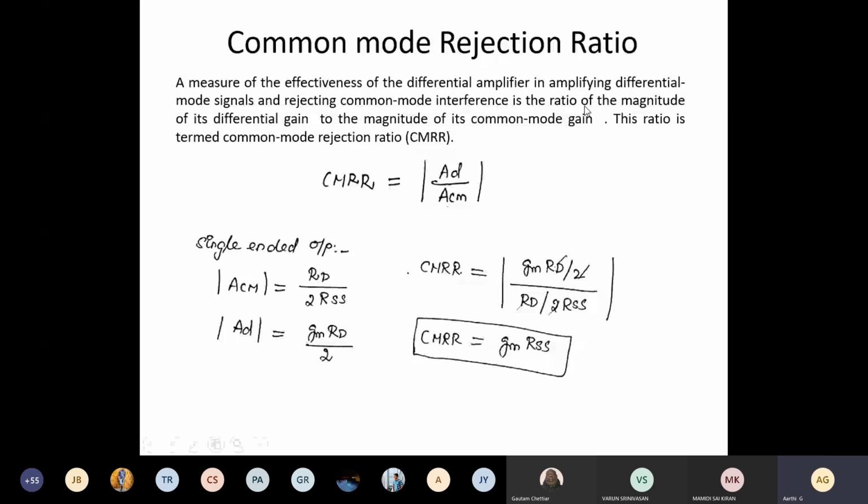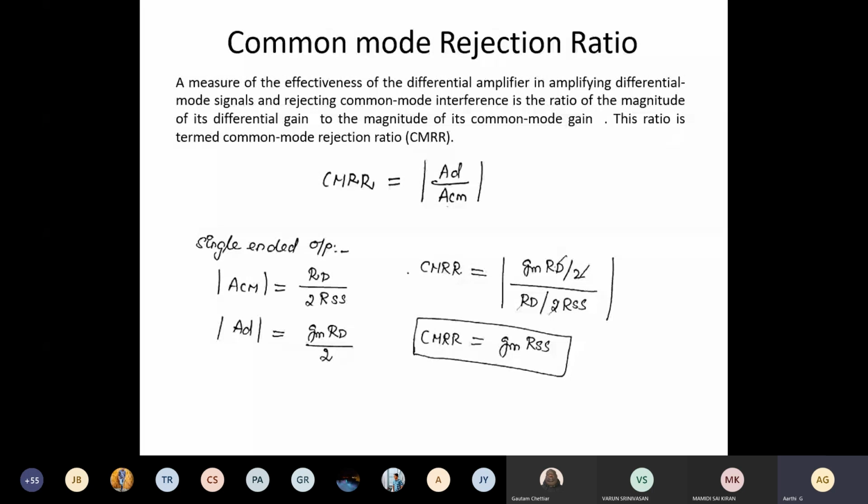The common mode signal will be interference or noise, and it has to be cancelled. So the common mode output is very small, ideally 0, while the differential mode output is the amplified version of the differential signal. CMRR should generally be high. The higher the value of CMRR, the better the performance of the differential amplifier. It's the figure of merit for the differential amplifier.